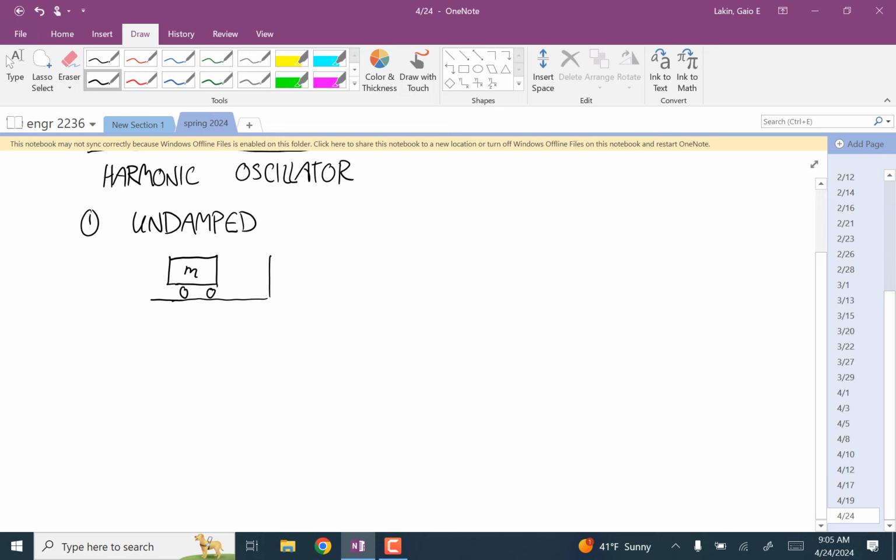You have this mass that moves frictionlessly across this surface, and it's connected to a spring, and the spring has a constant K. And if you pull this thing back or push it in and then release it, it'll oscillate back and forth. Okay, there's no friction or anything, so this way of modeling this system, it'll just keep oscillating back and forth forever, okay, with sinusoidal shaped curves over time.